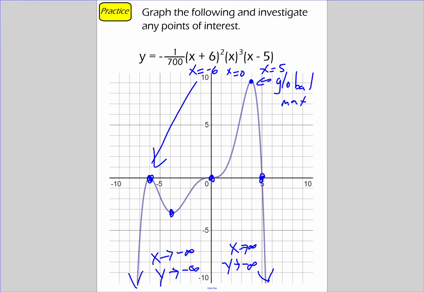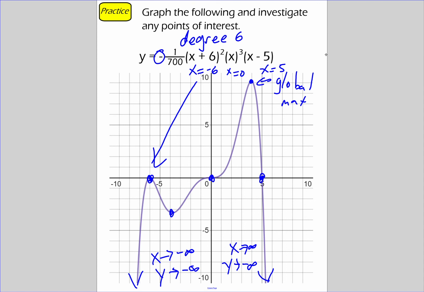And again, this is similar to a quadratic because we have a negative leading coefficient, so it opens down, and we have an even degree of degree 6 because we have 6 total factors here. So when we multiply that out, we'd get a degree 6 polynomial.